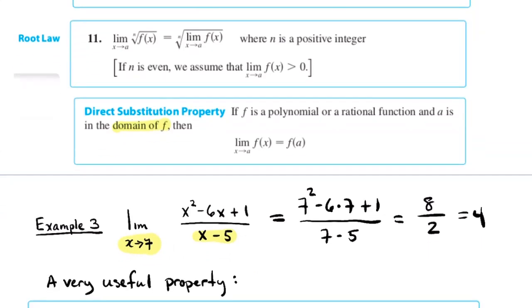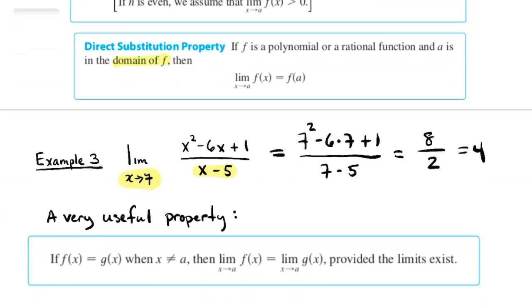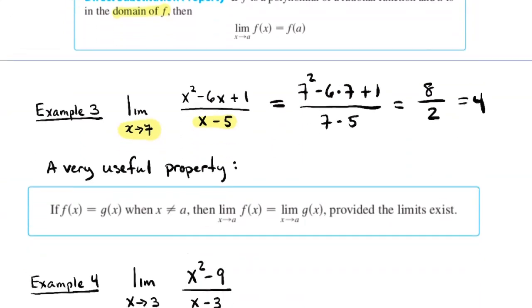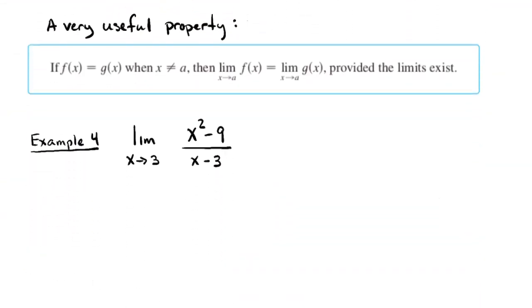Nice. Okay, so one more property in this, what I hope is a shorter, more focused lecture for you to watch, and it's super useful. In fact, I think it might be the most important property that we've spoken about here today. It's a little bit subtle, but let me walk you through it.